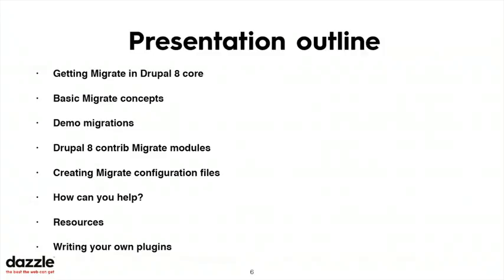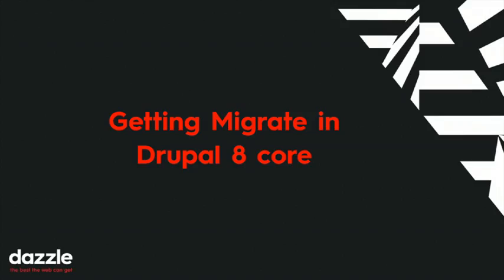I will provide a few demos and explain what the contrib landscape is looking like in Drupal 8 for Migrate, and give you some links on where you can find stuff and how you can help improve the Migrate system in Drupal 8. If I have some time, I might dive into how to write your own plugins, but I don't know if we'll have enough time for that.